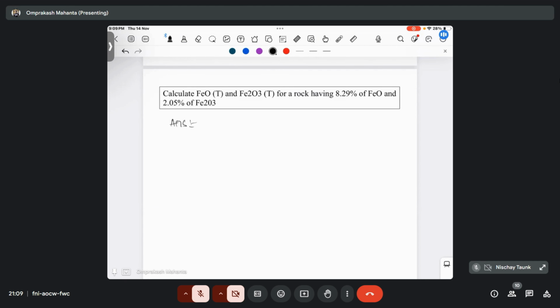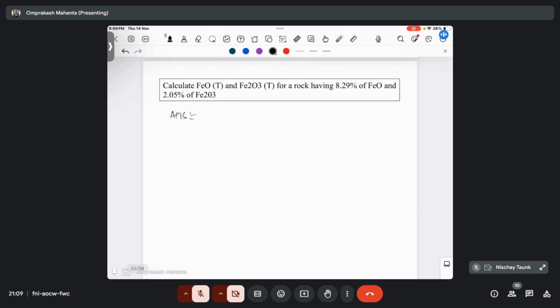For doing this question, you need to know the conversion factor of FeO to Fe2O3. I'll give you a table. So let's write the given first. Here it wants to calculate FeO total and Fe2O3 total. FeO is given as 8.29 percent and Fe2O3 is given as 2.05 percent.